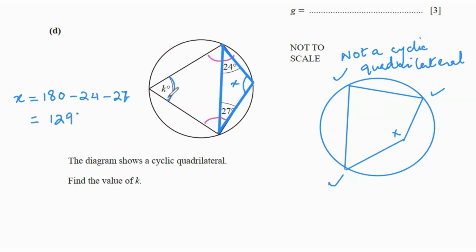Now to find K, we know that K and 129 would add up to 180. So 180 minus 129 equals K, which is going to give us 51 degrees. That is your answer.